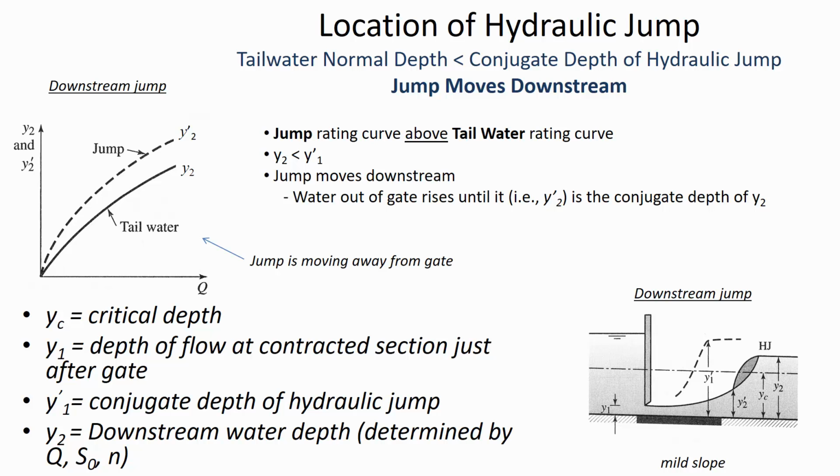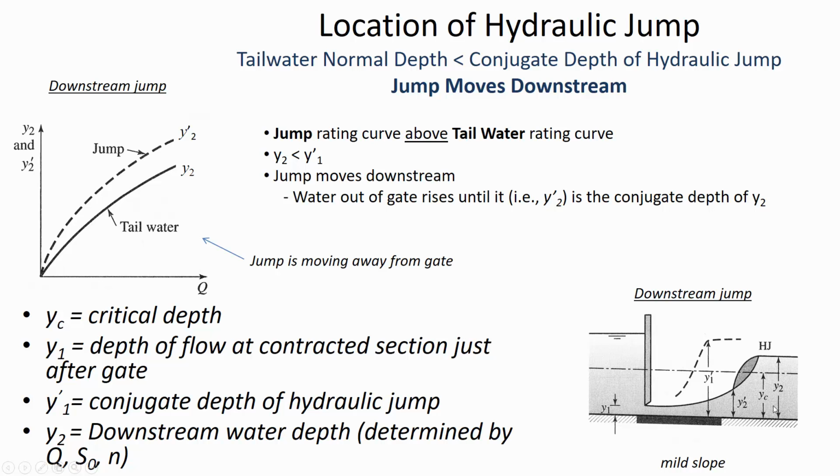So for whatever reason, the channel doesn't need much depth to accommodate a certain flow rate as compared to the jump. The jump needs more depth. And so what's happening here is there's a longer period of gradually varying flow where the depth is gradually increasing until this y prime 2 matches up with the downstream depth y2, and y2 you solve based on Manning's equation.